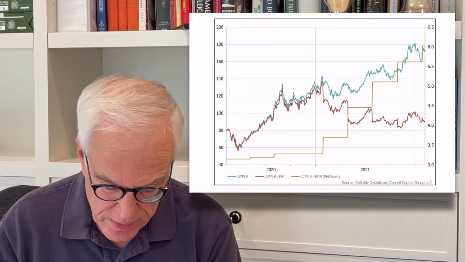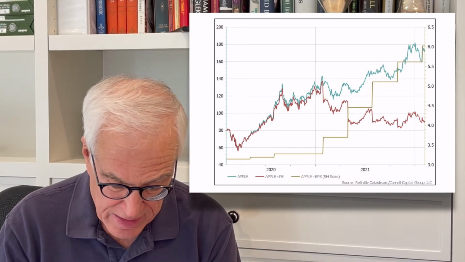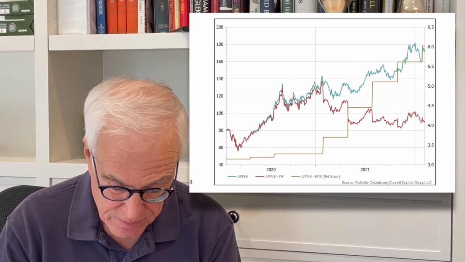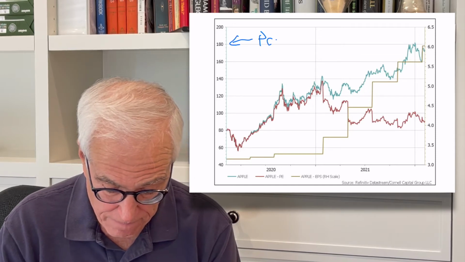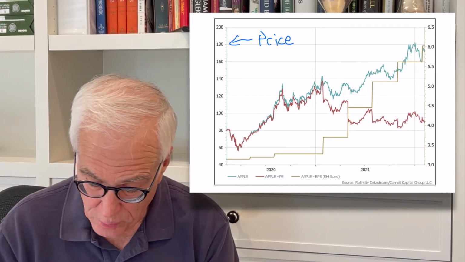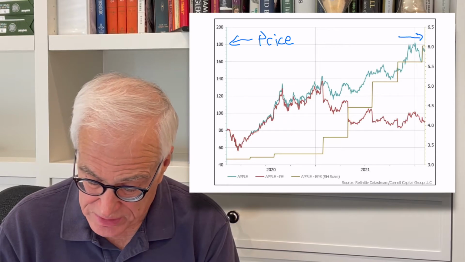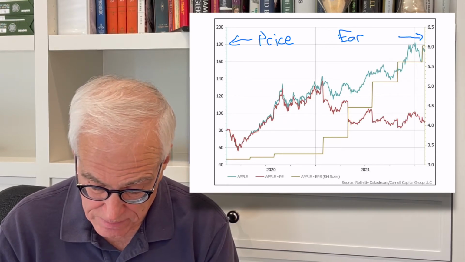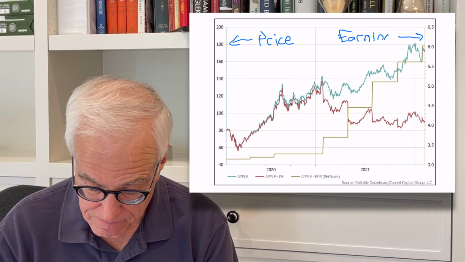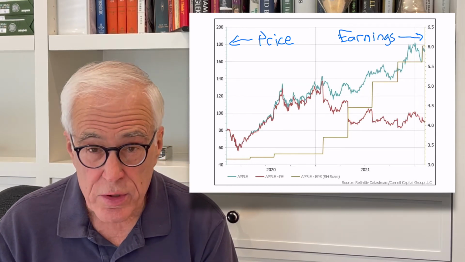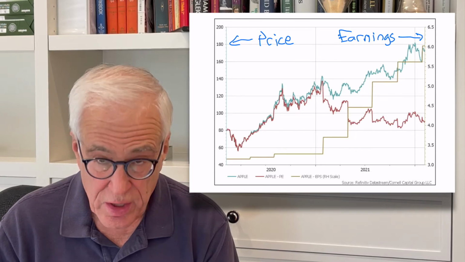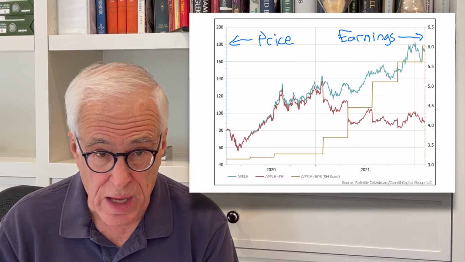So if we go to the iPad, and the way this graph works, on the x-axis is the stock price. On the other axis are the earnings. And this is over time. The price-earnings ratio is fixed to start at the same level of the stock price.